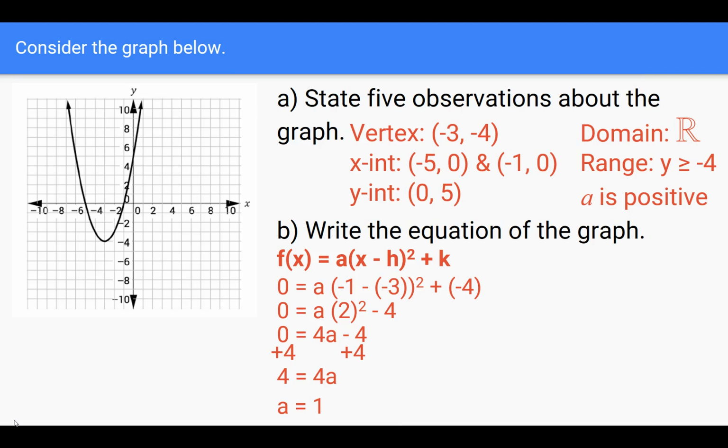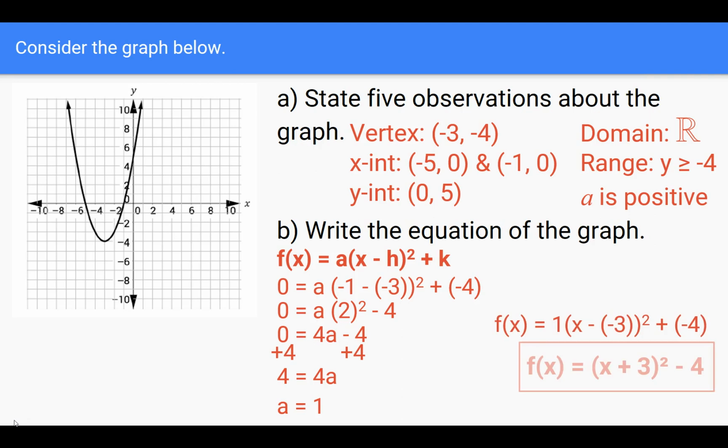That becomes plus 3 again, squared. And then plus our K on the end, which is -4. So for vertex form, you have to have A, H, and K. Looking at a graph, you'll always know your H and your K. The issue is finding your A value.